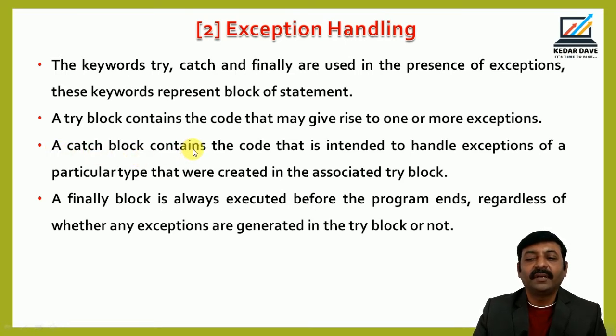It contains the code that is intended to handle exceptions of a particular type that were created in the associated try block. The third one is the finally block. It is always executed before the program ends, regardless of whether any exceptions are generated in the try block or not.